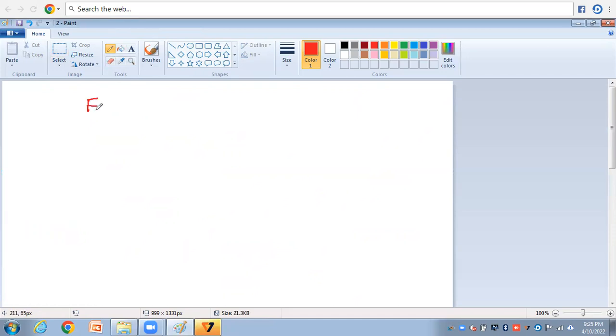Now finally F12 equal to Q1 Q2 by 4 pi epsilon naught into R2 bar minus R1 bar, with mod, cube.